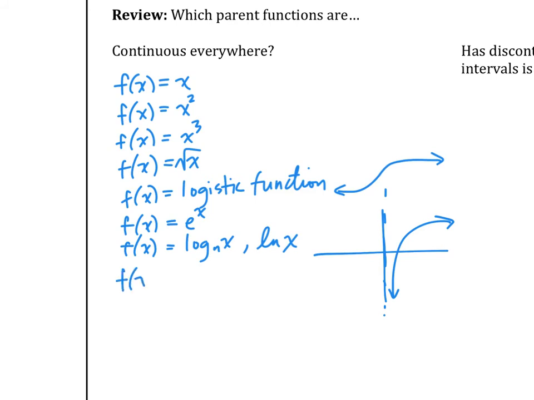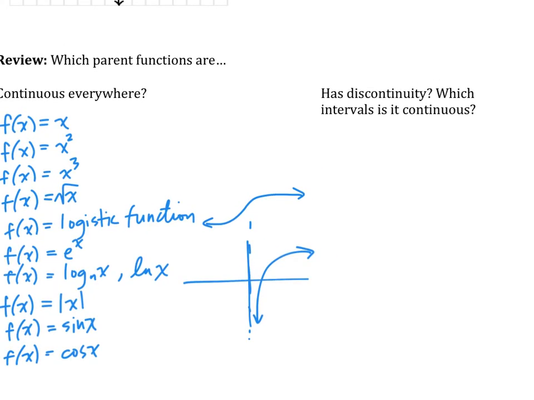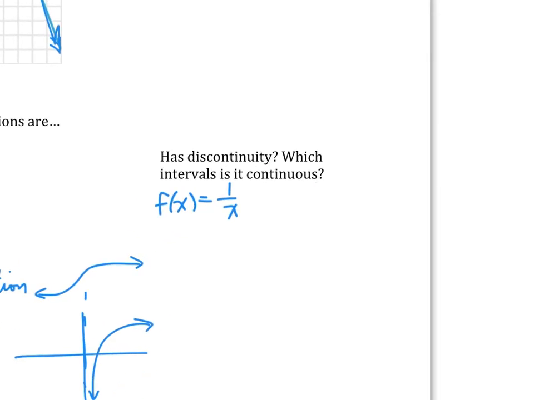We also have the absolute value of x, sine x, and cosine x. Now which function has discontinuity? f of x equals 1 over x, the reciprocal function. So where is it continuous? Well, anywhere besides 0.